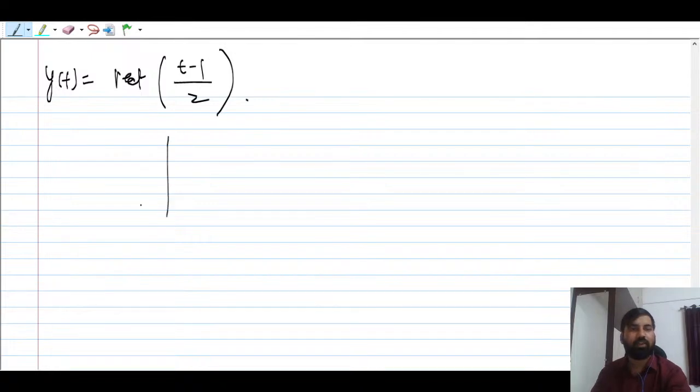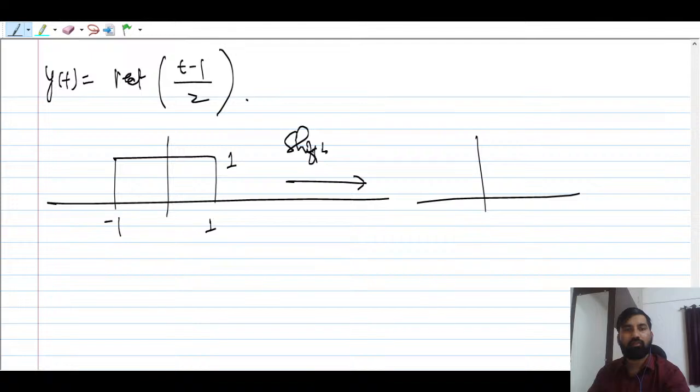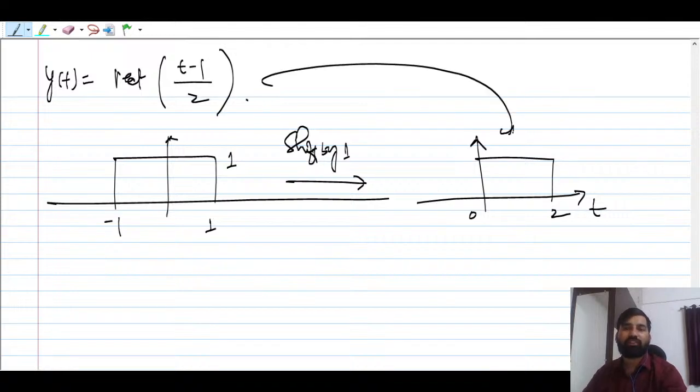How? Look, first you plot this from -1 to 1, then you shift by 1, right? You shift by 1 to the right, so it will be from 0 to 2. So this is what they are asking.